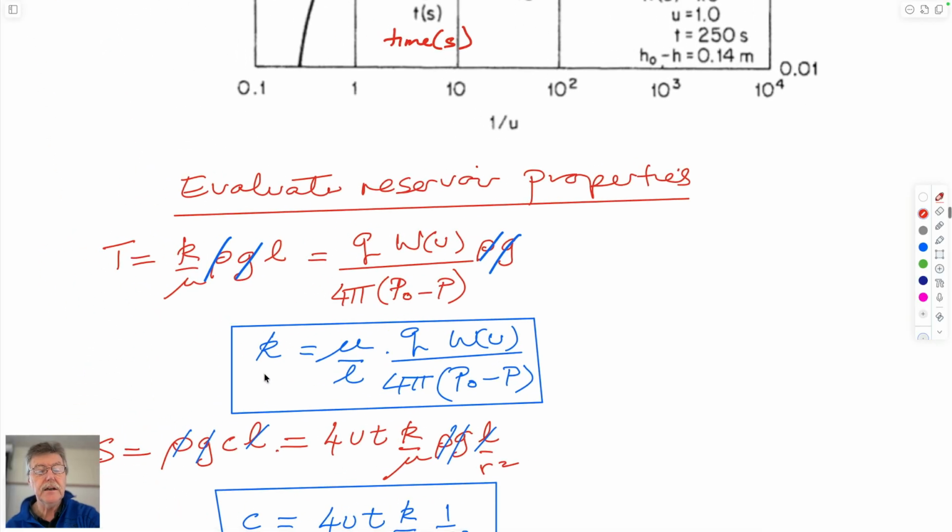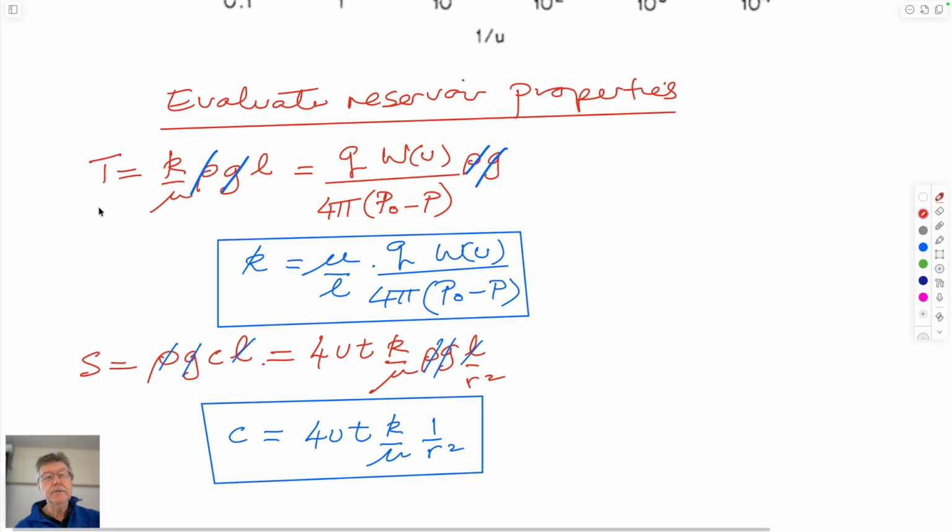And these are the commonality between transmissivity is just the conductivity, hydraulic conductivity of the aquifer multiplied by its height, h, and we can define it in terms of this function, and you can get the magnitude of permeability, flow rate, well function 1, pressure drop, height of the well bore, and the viscosity of the fluid.